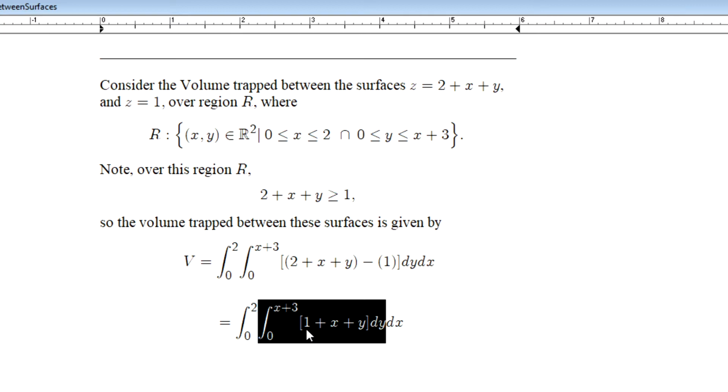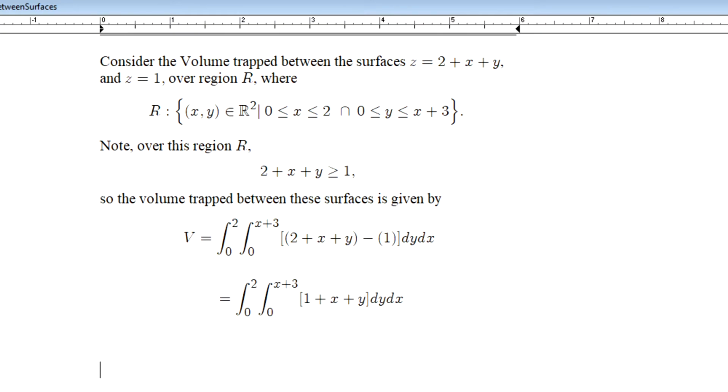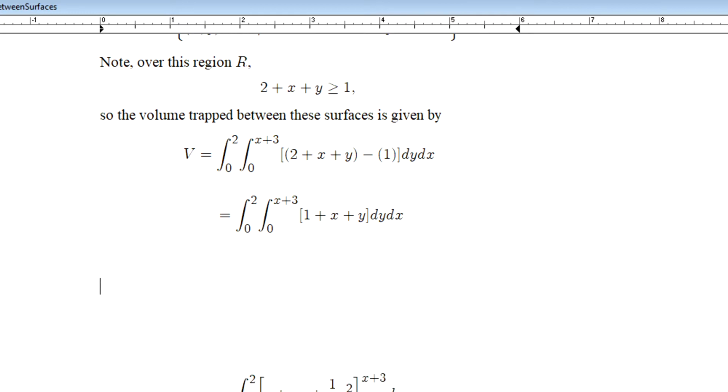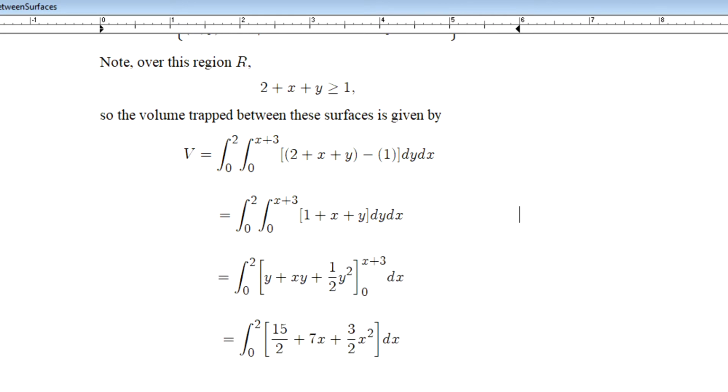This brings about an antiderivative of y for 1, xy for x, and 1/2 y squared for y, which we integrate across the bounds from 0 to x plus 3. So here you can see our antiderivative, given by y plus xy plus 1/2 y squared, and we now consider evaluating it across these bounds.